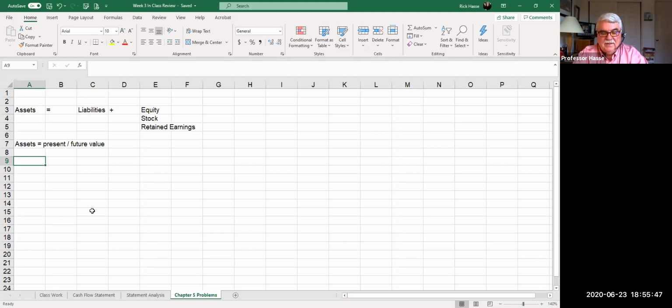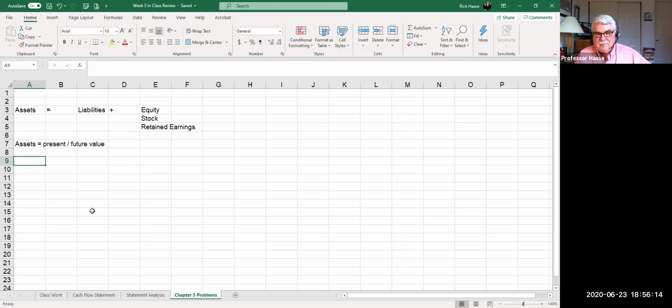So when we come back from break, we're going to define present and future value in examples. How to calculate it, what does it tell us? What does it mean, the present and future value of something? Now, a lot of you may have studied this in other classes. Some of you are coming from the community college area. You might have studied that in community college before you came to La Verne. Some of you might have studied it in accounting.